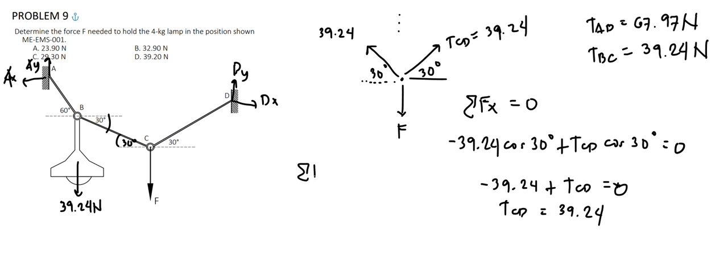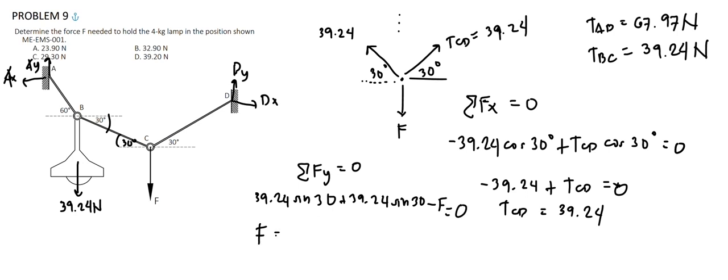Now to solve for the value F, we can do summation of forces vertical. So 39.24 sine of 30 degrees plus another 39.24 sine of 30 degrees minus F is equal to 0.